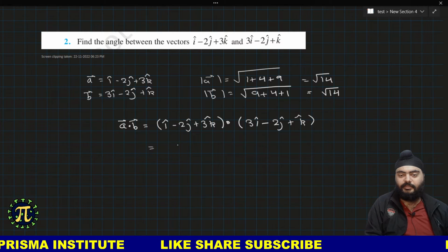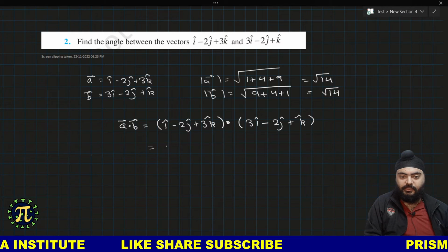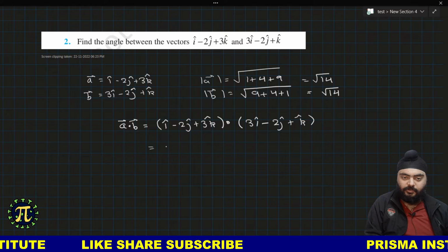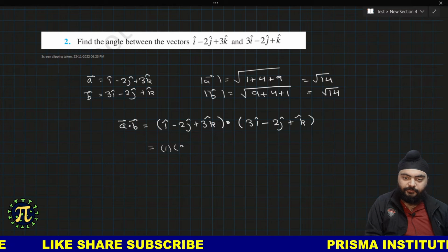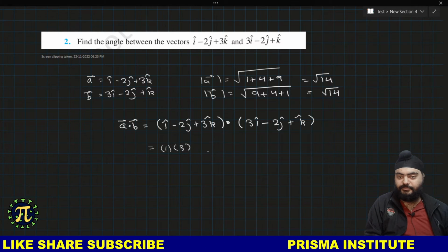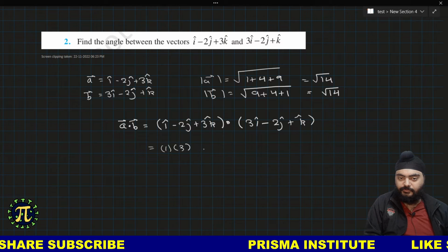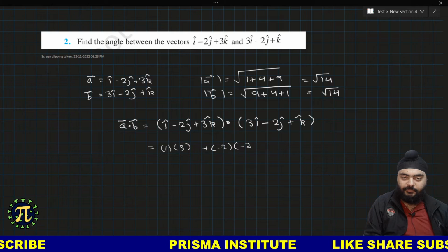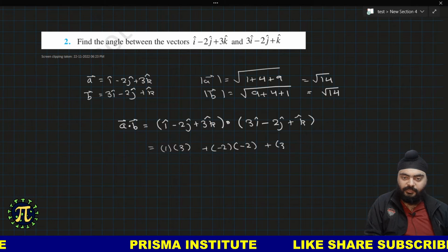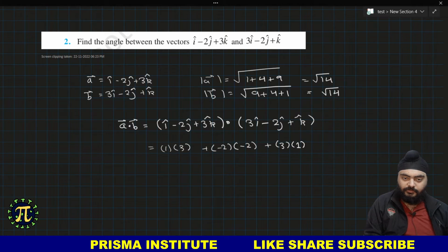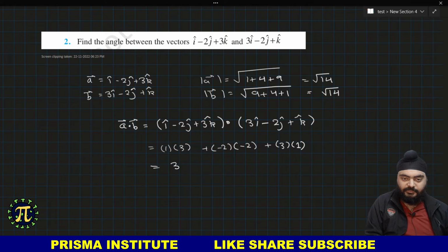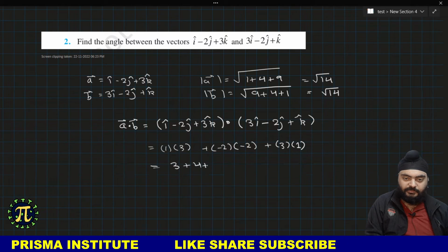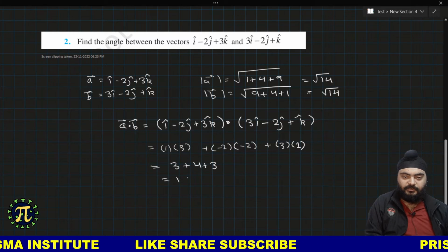We already have the formula that the x component will go with the x component, so the result will be 1 into 3, and i cap dot i cap is 1, we already know that, right? So plus, the y component is minus 2 and here it is minus 2, plus 3 into 1, so this is a scalar product. Result is 3 plus 4 plus 3, which is 10.